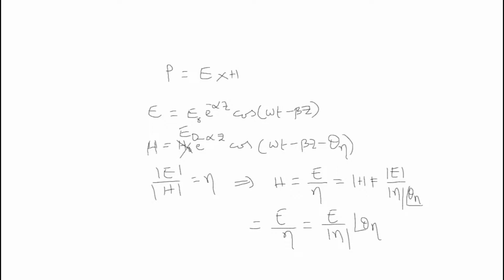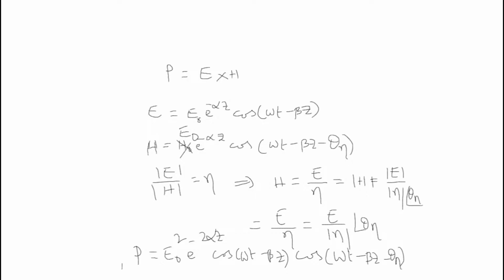Then we can find the Poynting vector, P is equal to E cross H. Multiplying these two, we get E naught into E naught, that is E naught square e to the power minus 2 alpha z, cos of omega t minus beta z into cos of omega t minus beta z minus theta eta.